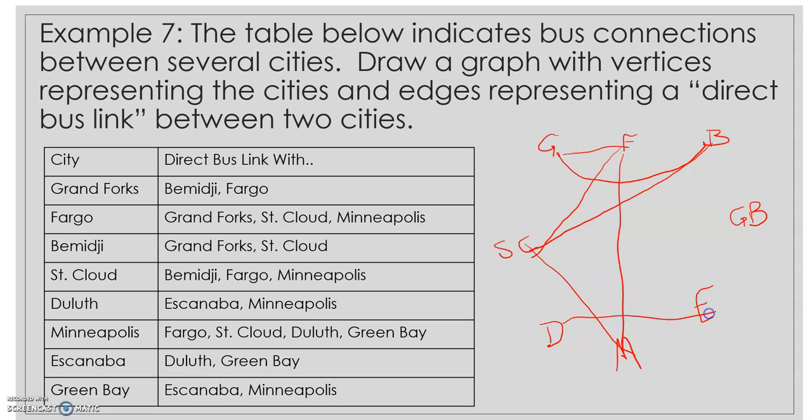Duluth to Escanaba and Minneapolis. Minneapolis to Fargo is already there. St. Cloud, Duluth, and Green Bay. Escanaba to Duluth and Green Bay. And Green Bay to Escanaba and Minneapolis.